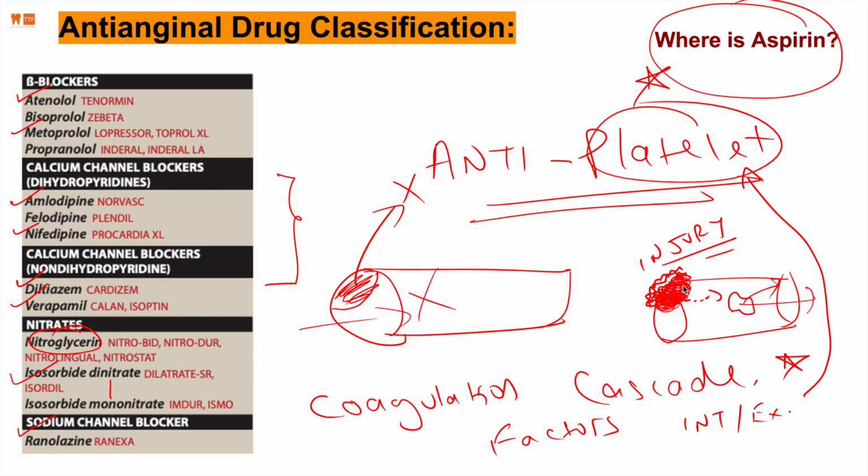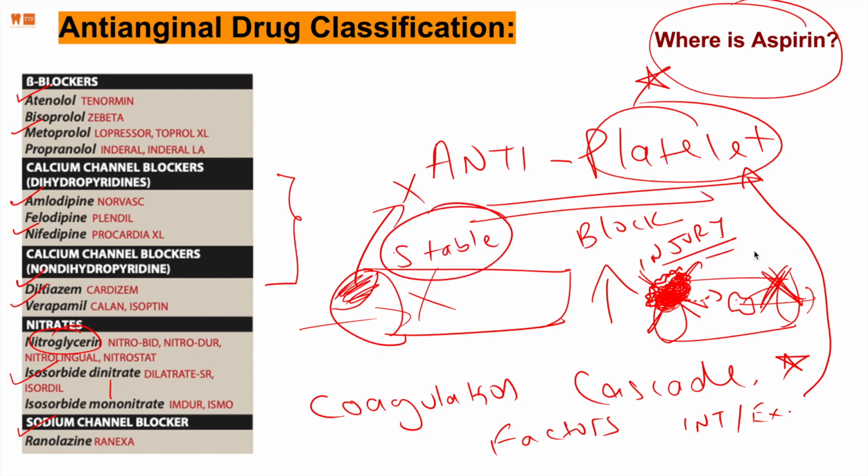It's very dirty, not clean, not aesthetic. So now what happens? We have atheroma blocking this area, platelets blocking this area. That is an increase in block, even more than it used to be. So therefore this is stable, this is unstable.